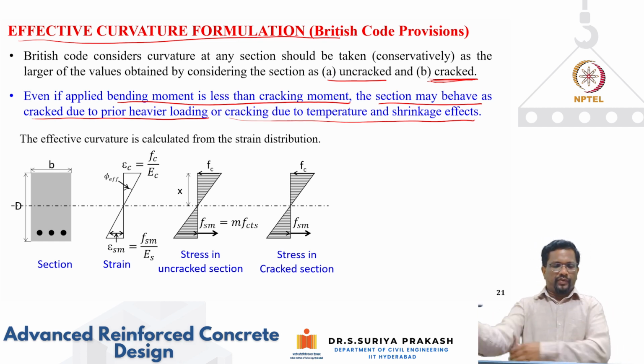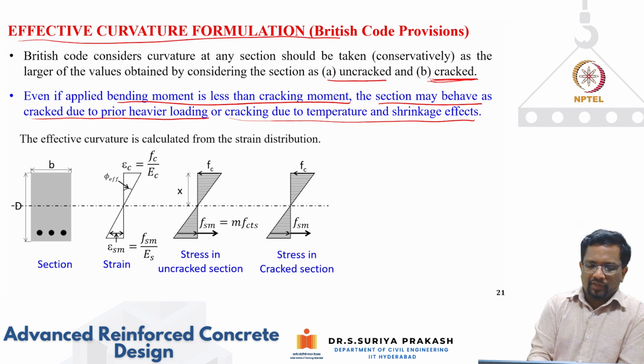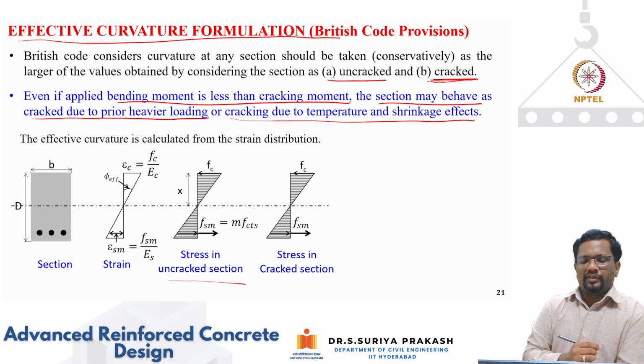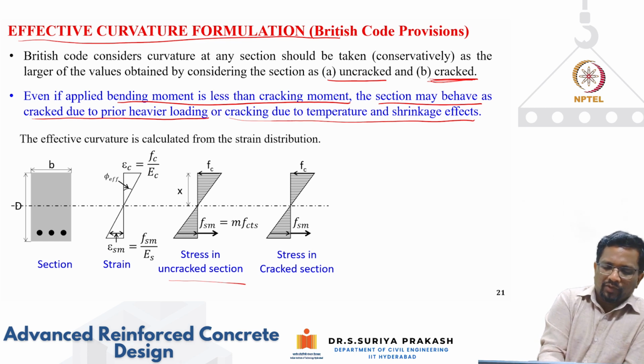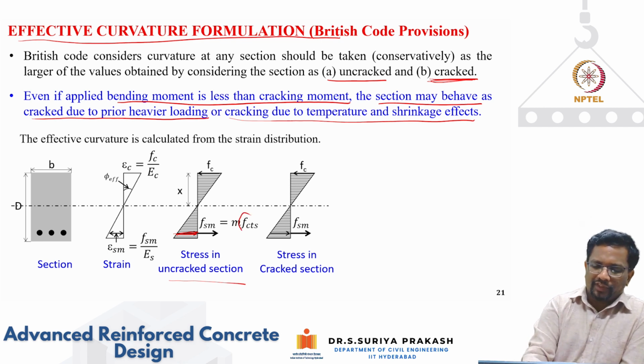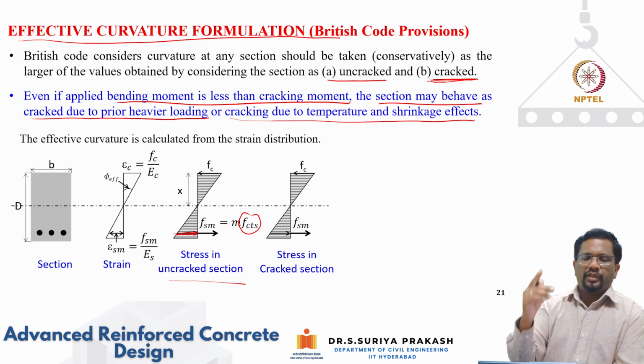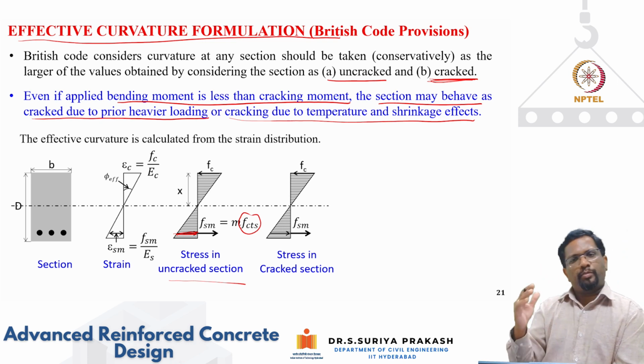So this is what we consider. This is your effective curvature. You are going to take two types of analysis. One is your stress in an uncracked section. Now, how do we get the stress in the uncracked section? The code is saying that you keep the stress in the concrete at the level of the tension steel, which is your fcts, as either 1 megapascal or 0.55 megapascal.